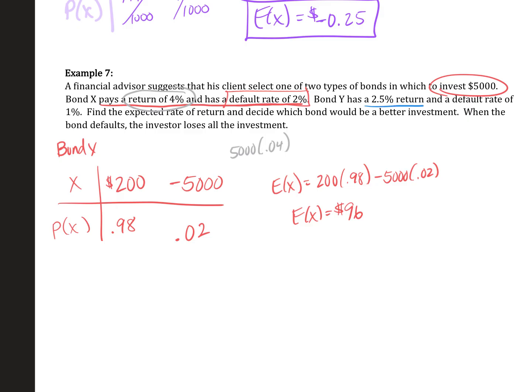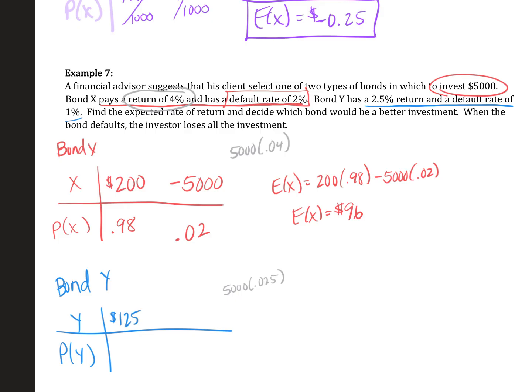Now you have bond Y. Has a 2.5 return and a default rate of 1%. So investing $5,000 there. So basically you're deciding where to invest your $5,000. So again, 5,000 times 0.025 means that if my investment pays off, I make $125, but obviously I lose 5,000, but this one default rate is 0.01, so it's smaller.